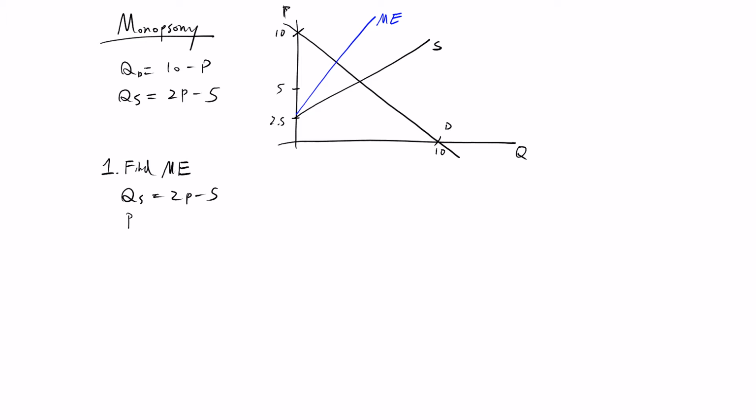Rearrange so you have P on the left-hand side, and that would be Q plus 5 divided by 2. You double the slope of Q in this case. So marginal expenditure equals Q plus 5 over 2, right?